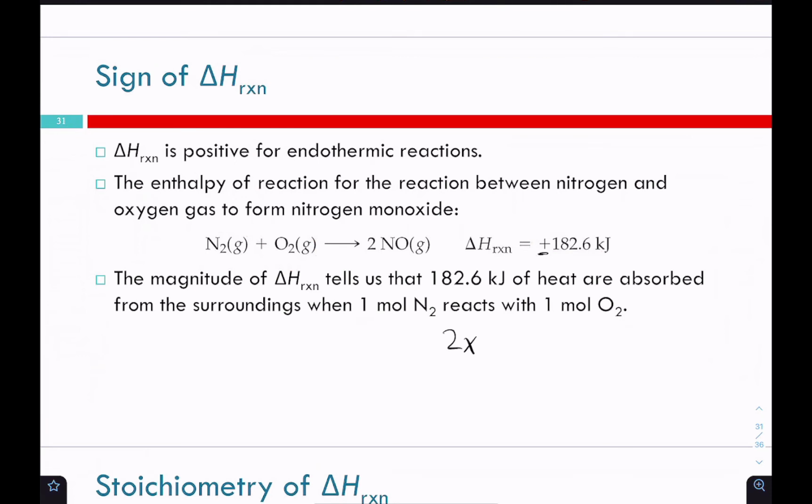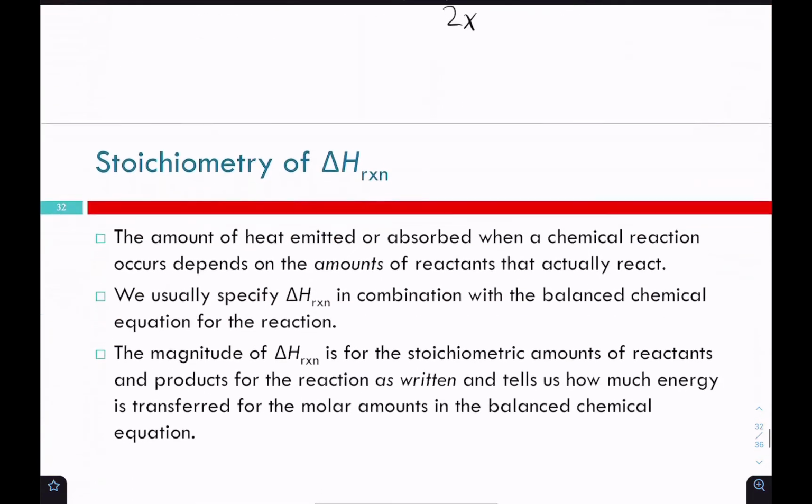Just like we calculate, if we had 1 mole of nitrogen, how many moles of nitrogen monoxide does that produce? We could also say, if we have 1 mole of nitrogen, how much heat does that absorb? And that's set up very similar to our other stoichiometry problems.